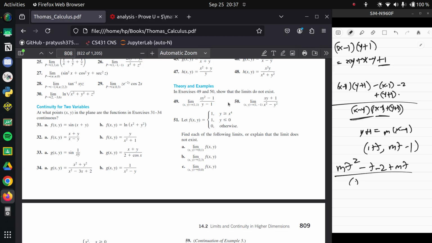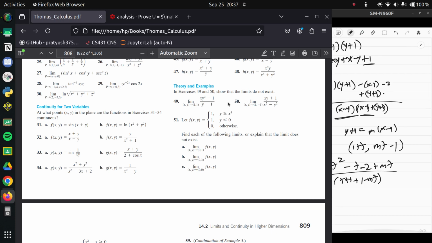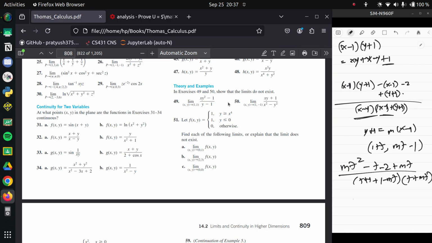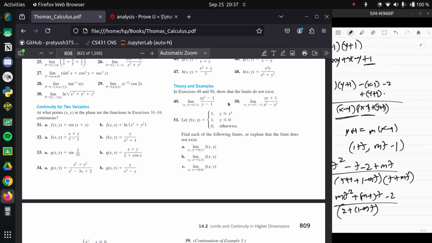So t plus 1 minus of y is just plus 1 minus mt. And this stuff is just t plus mt. Yes. Okay. That's okay. So this just becomes like mt square plus (m minus 1)t minus 2, that upon this. So this is just (2 plus (1 minus m)t) upon t times (1 plus m).